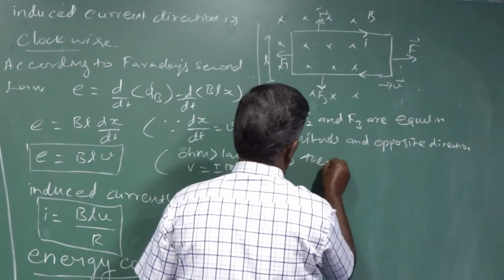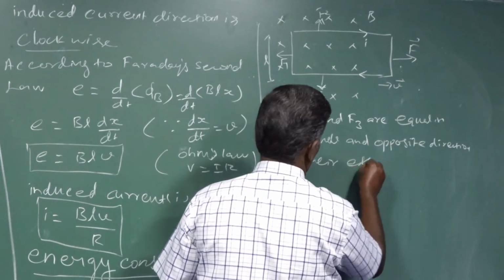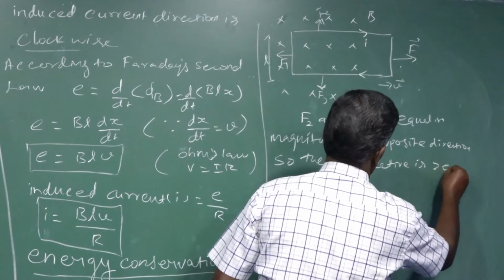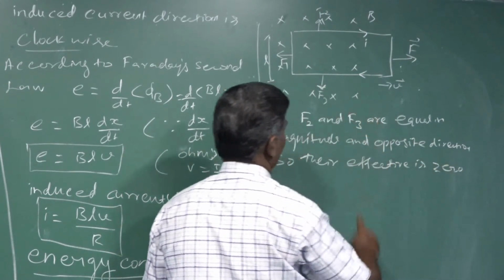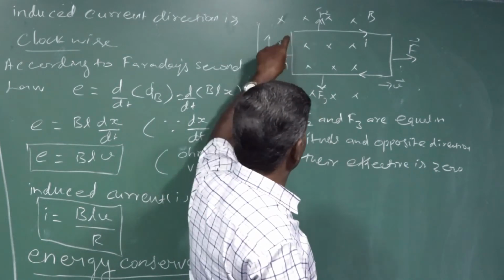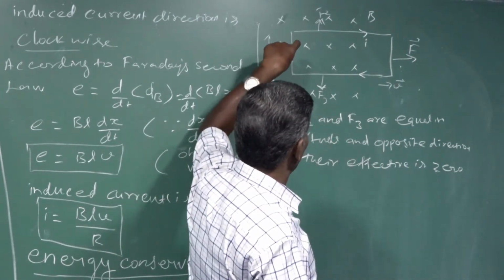So their effective force is 0. That's why F2 and F3 are cancelled. Only F1 is the resultant magnetic force.